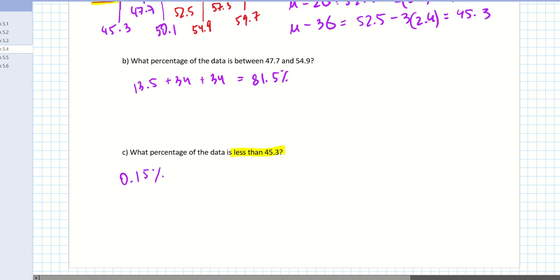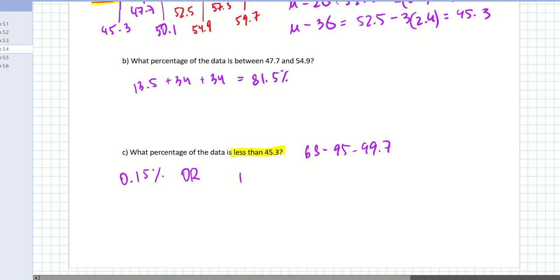Or if you actually wanted to do the math, you can do the following calculation. If you just remember the rule, the 68, 95, 99.7 rule, then you know that plus minus 3 standard deviations is going to be 99.7.